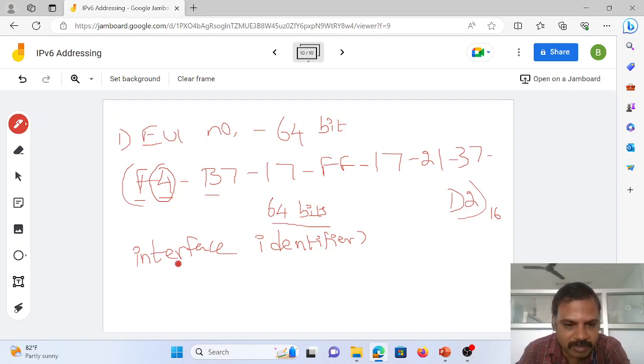The binary number of 4 is 0, 1, 0, 0. Okay. The binary number of 4 is 0, 1, 0, 0. So here this 0 will be the fourth bit. This 1 will be the fifth bit.